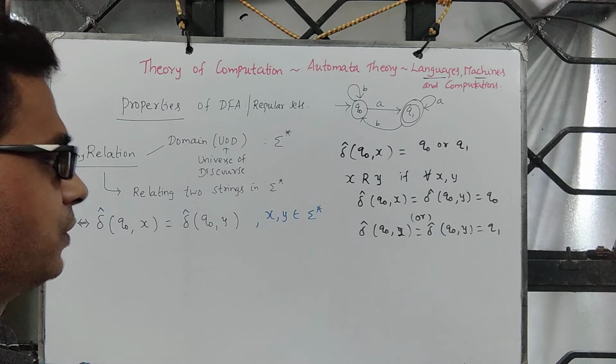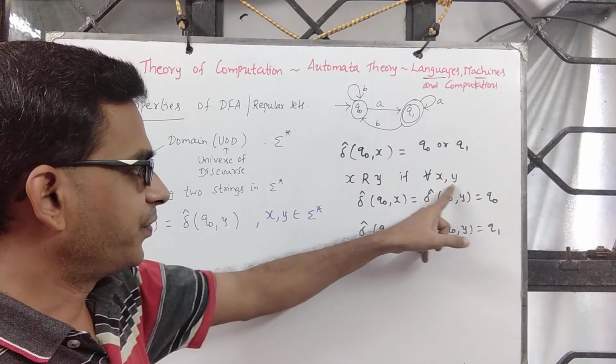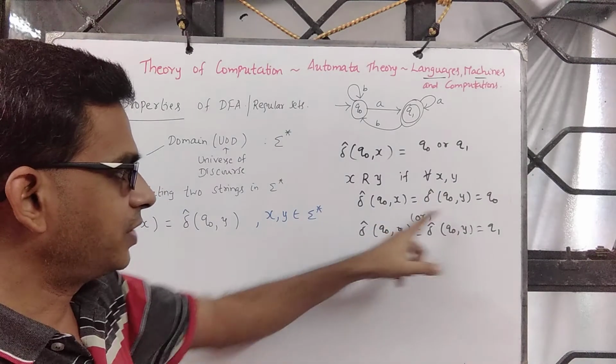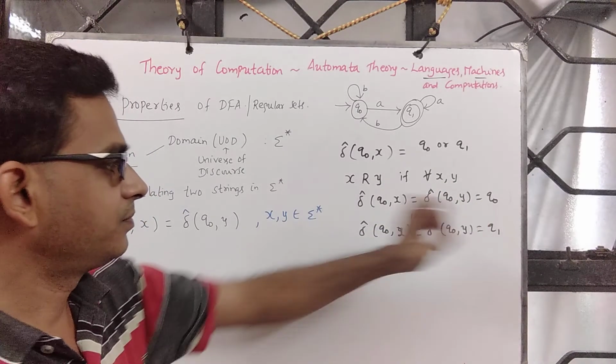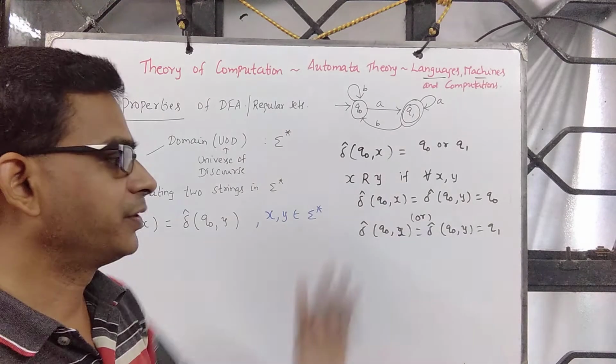Correct? So which means these two are related if the output state is q naught, or the output state for both of them is q1.